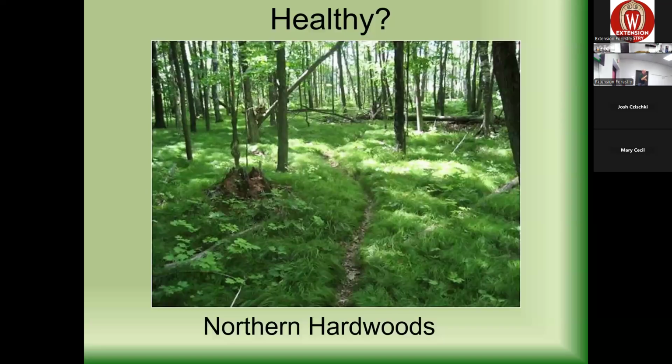What's another thing that could be unhealthy about this? Could be leading to the problem with the Penn sedge, and it's in the picture. Yeah. That's most likely, I would say, a deer trail. And that might have a good reason why there's so much Penn sedge there.